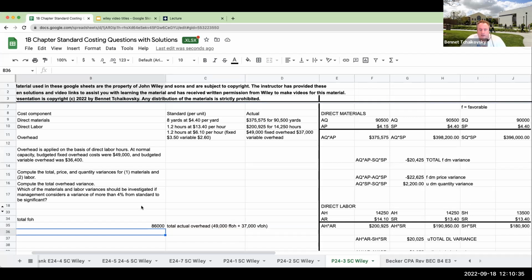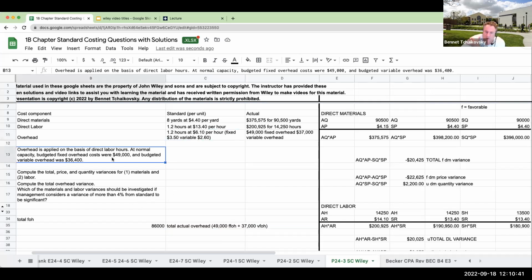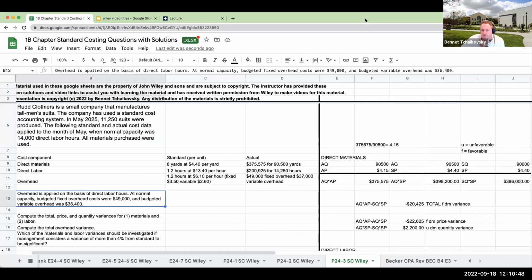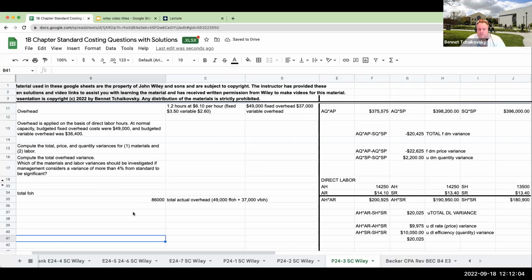The next thing I'm going to do is figure out how much I should have spent on overhead. Right over here, I'm just going to pause this real quick. Okay, so this is what I actually spent on my total factory overhead.